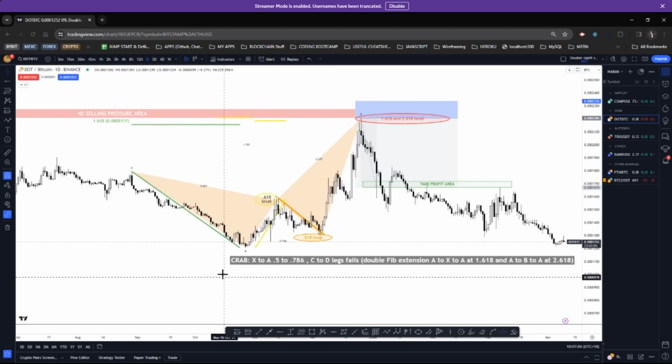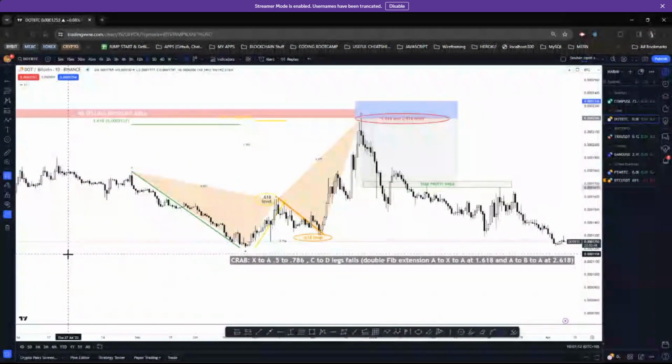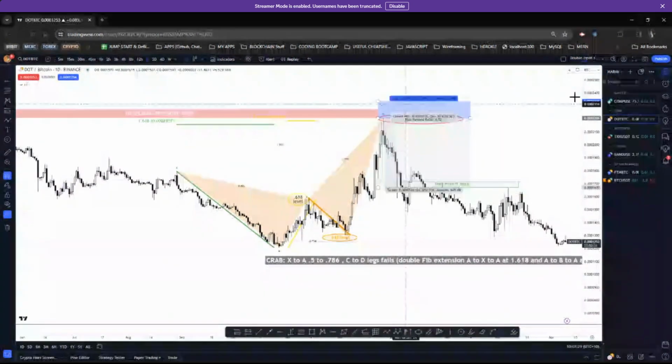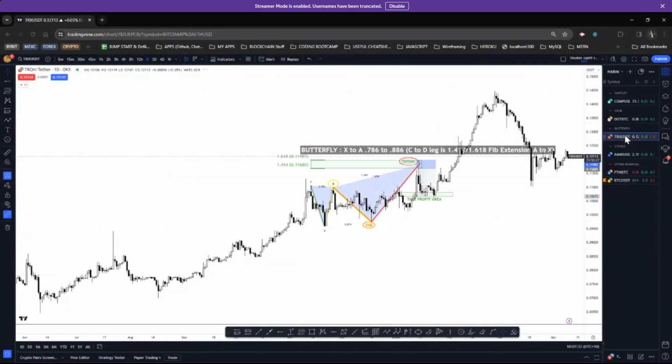The sharp pattern has 2 potential entries, which I personally don't like, because when we're taking a trade, we are looking for the best chances of a high probability trade. Having 2 entries by default for me is not a high probability trade.